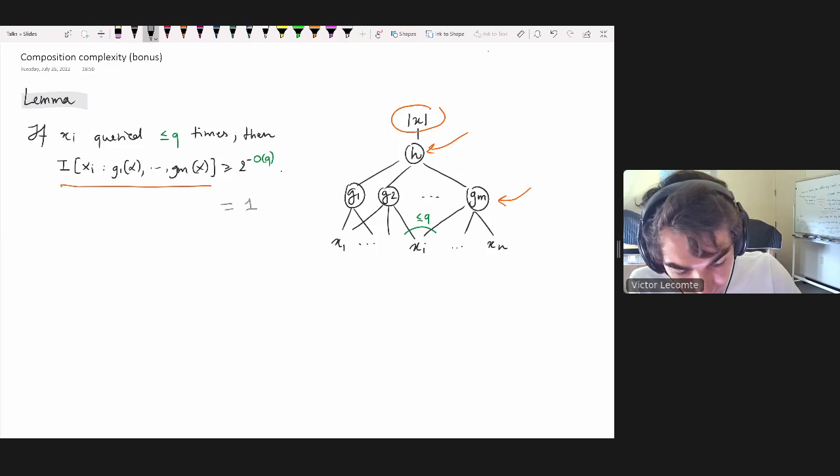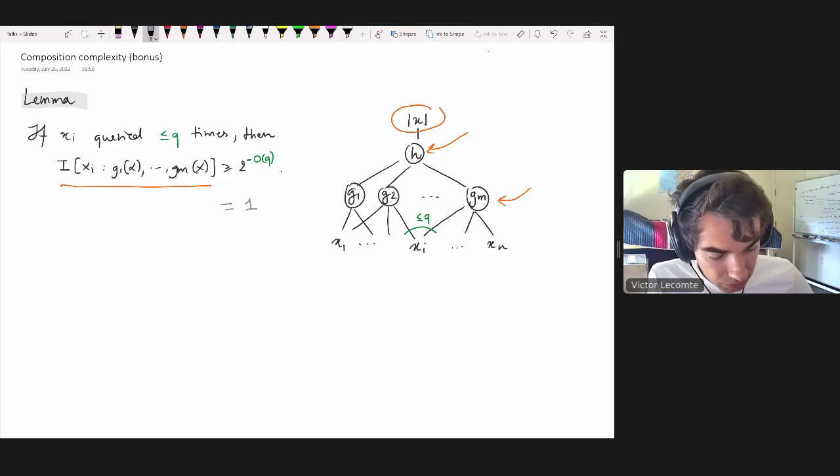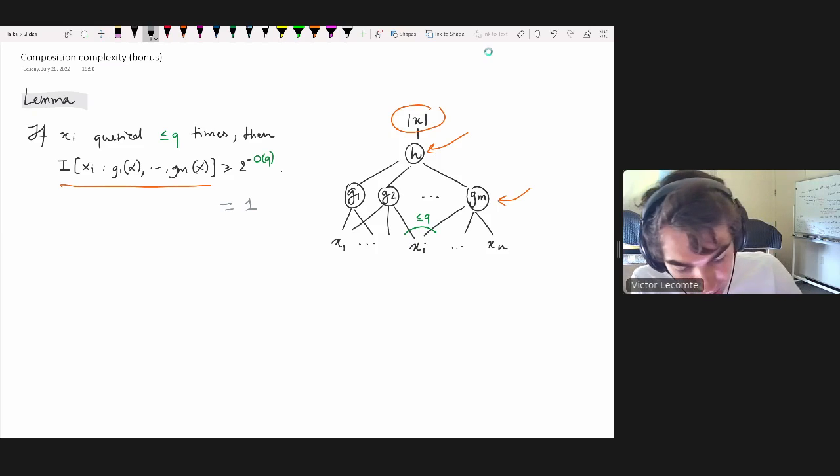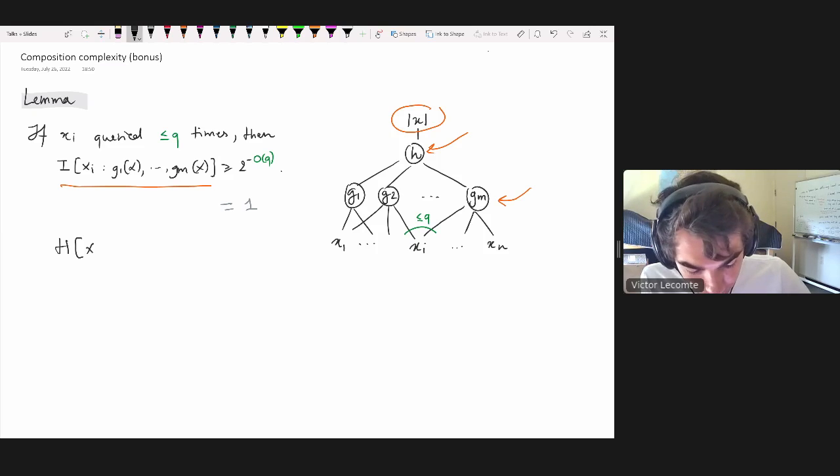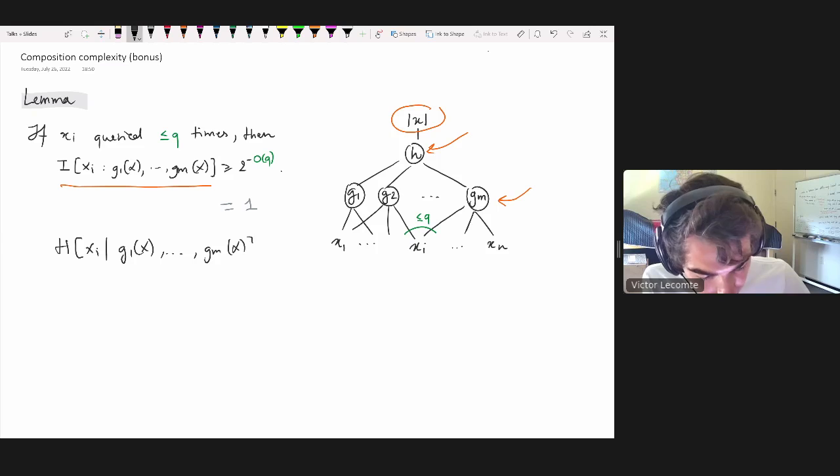Concretely, an equivalent way to phrase this lemma is to say that instead of looking at mutual information, we're going to look at the entropy. We're going to look at the remaining entropy of xi once we know g1 through gm, the quantity H of xi given g1 through gm, and we're going to upper bound it by 1 minus 2 to the minus O of q.